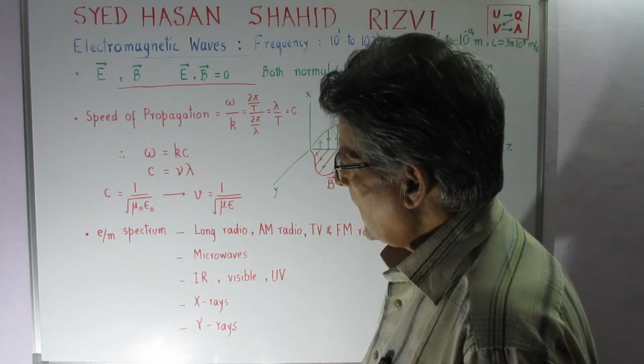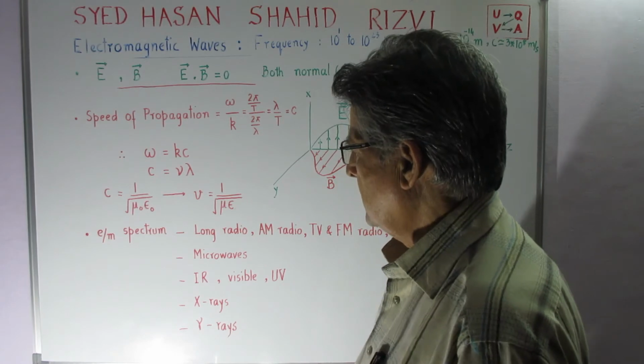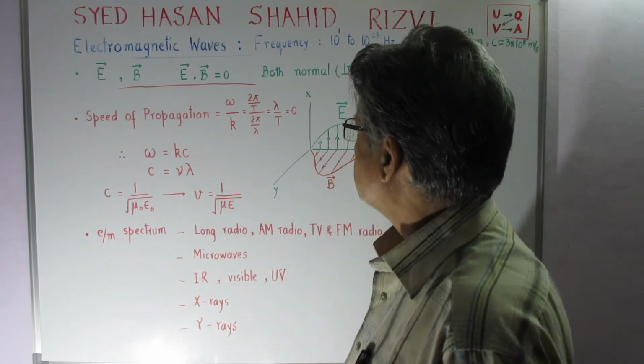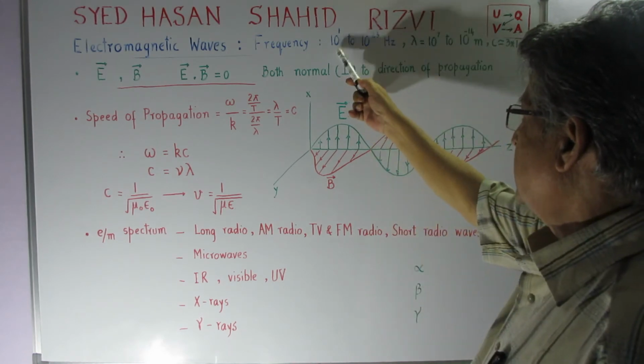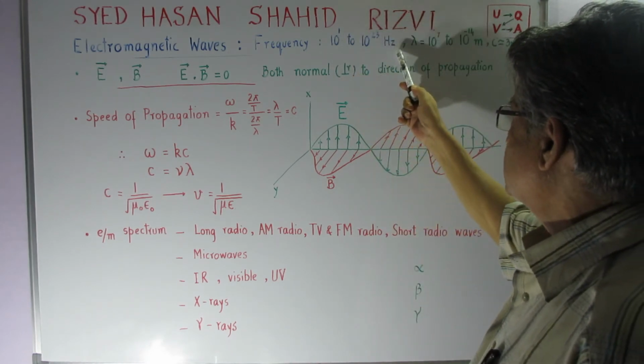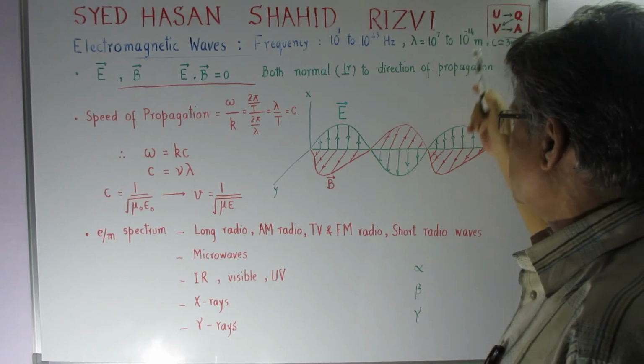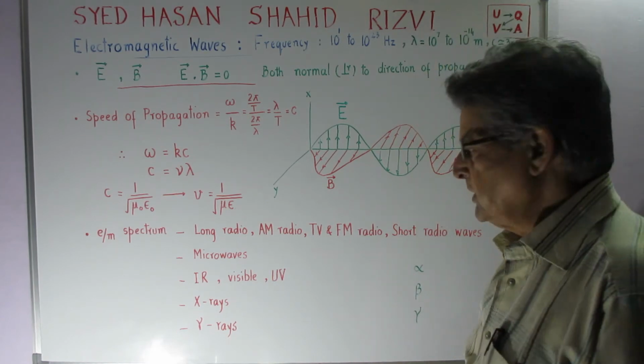Now, I just introduced to you the electromagnetic spectrum, which I said ranges from 10 to 10 to the power of 23 hertz and 10 to the power of 7 to 10 to the power of minus 14 meters.